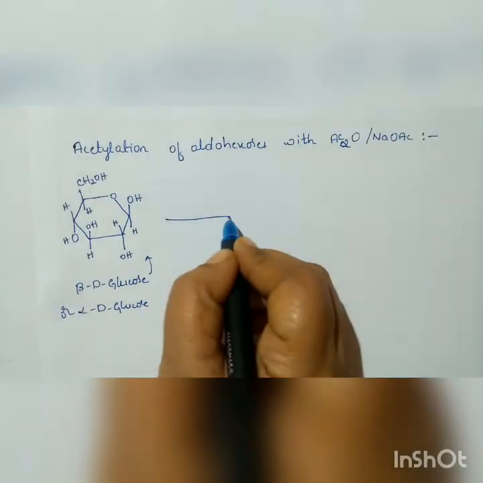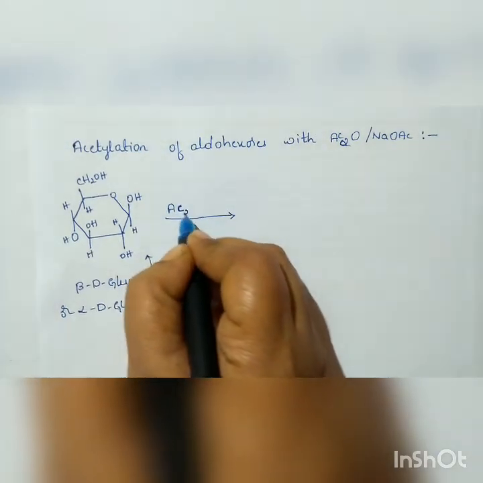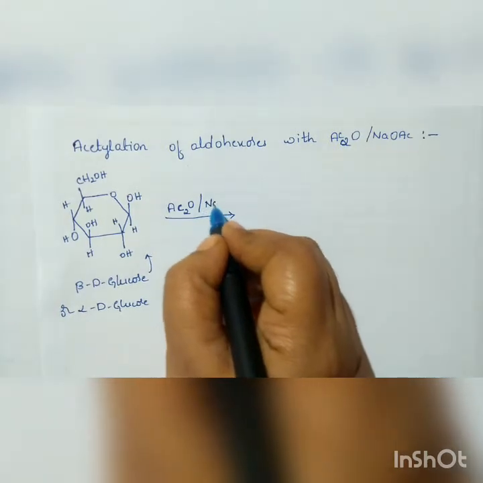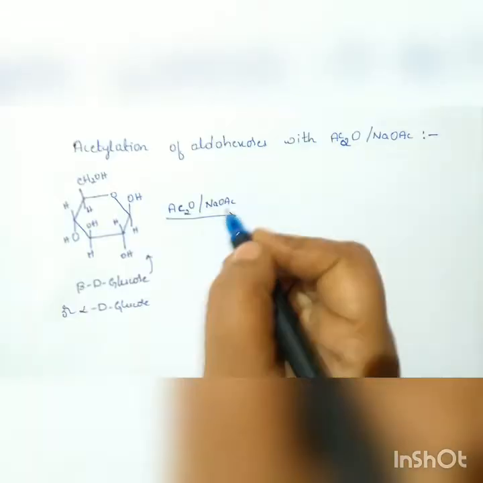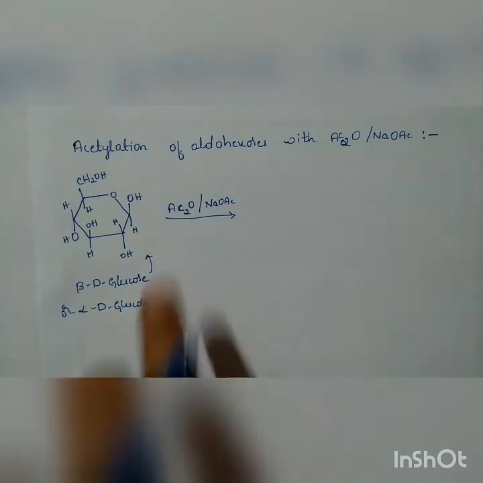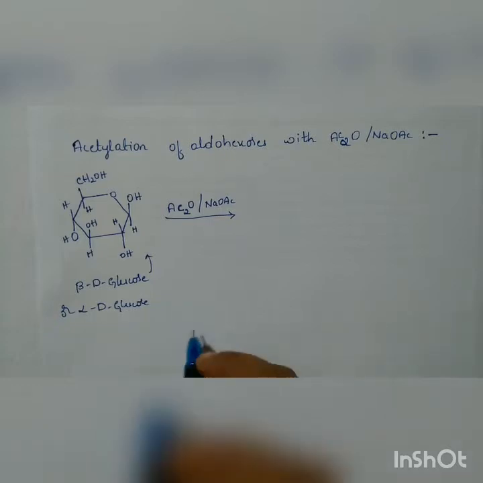So it is being treated with acetic anhydride, which is a simple form of writing, with sodium acetate. Ac indicates the acetyl group. How this group will be, we shall discuss now.